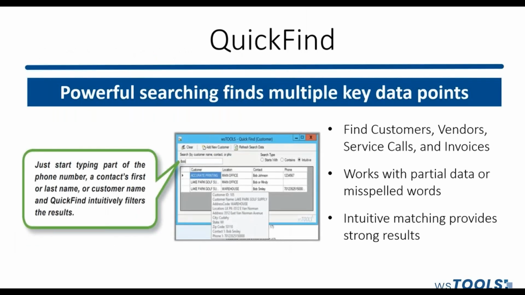Sure. All right. Quick Find. Again, this is one of our older products that has been out there for a while. Quick Find is one tool, but there's actually 4 parts of this tool. It allows you to do a search for customers, vendors, service calls, or invoices. It's integrated into the product and pops up in different locations depending on what you're looking for.